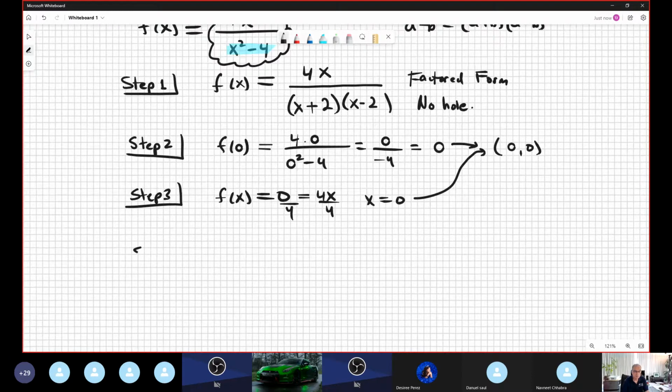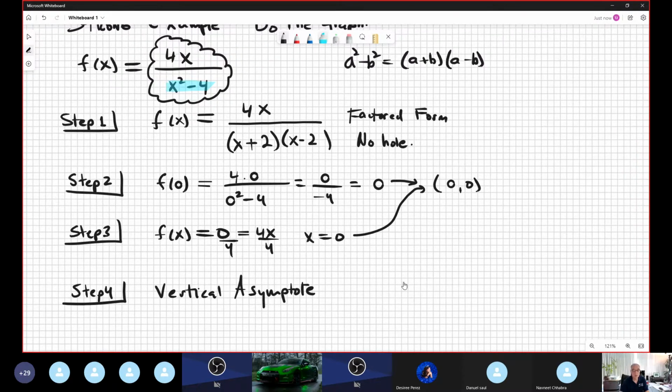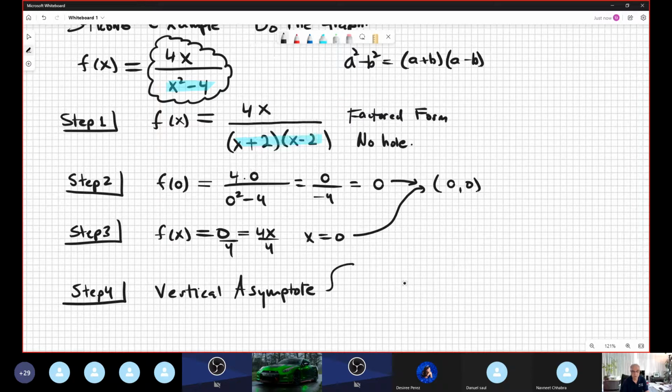Step 4 is the vertical asymptote. Very important. Remember, you take the polynomial in the bottom. Okay, you take either way, the way you prefer. Factored form or the original. Let's do them both. Curiosity. You take, for example, x squared minus 4 equals 0. You force it to be 0. So the formula is q of x equals 0.